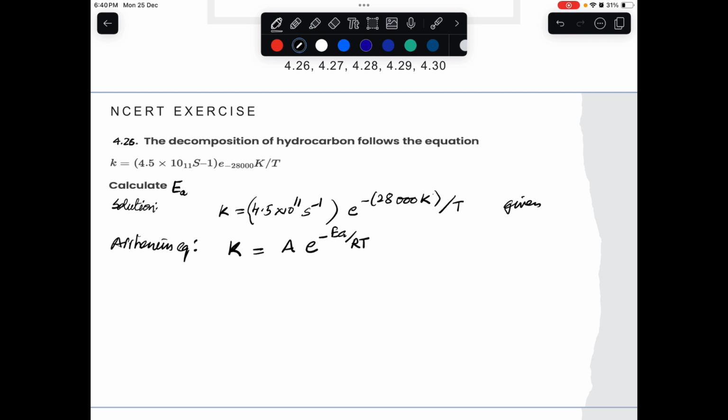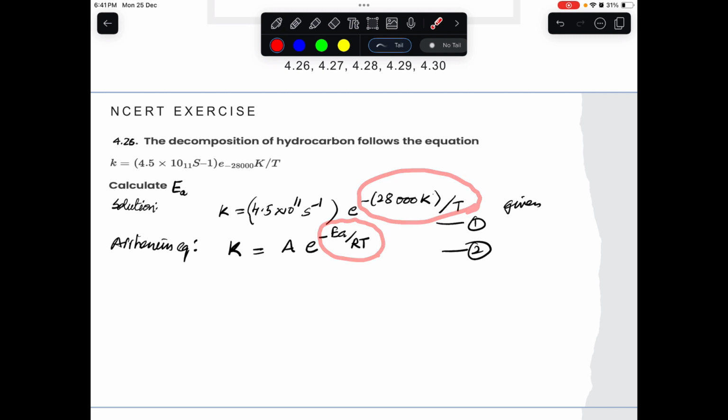Okay, so what we will do, we will compare these two equations, the equation given to us, that is the first one and the second one. So when we compare first and second equation, have a look here. This part, that is your minus EA by RT, is having the value of this one.